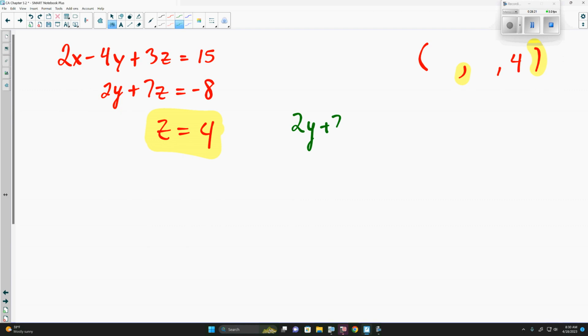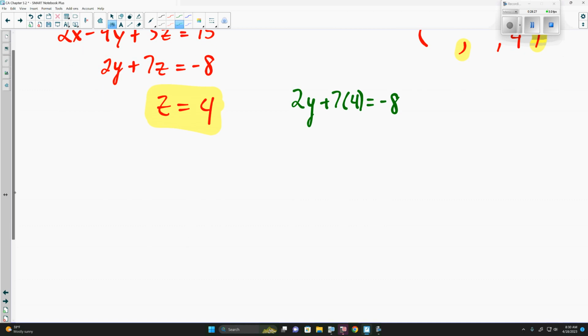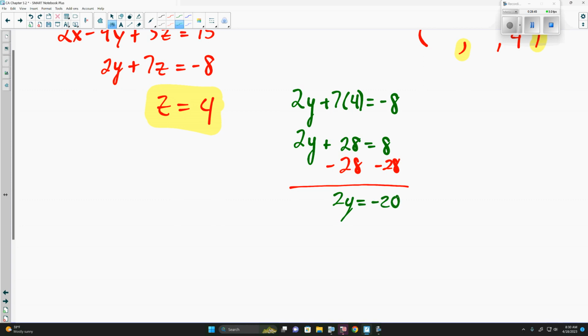2y plus 7 times 4 is negative 8. I can solve for y. 7 times 4 is 28. We can minus 28 from both sides, telling us 2y is equal to negative 20.